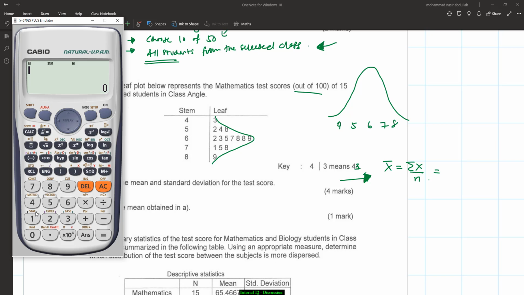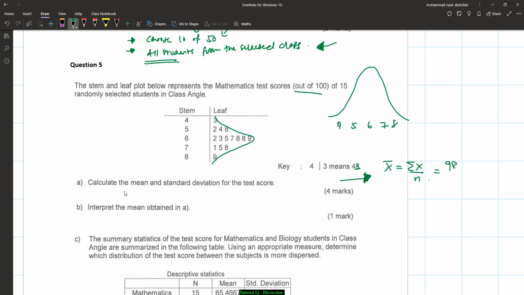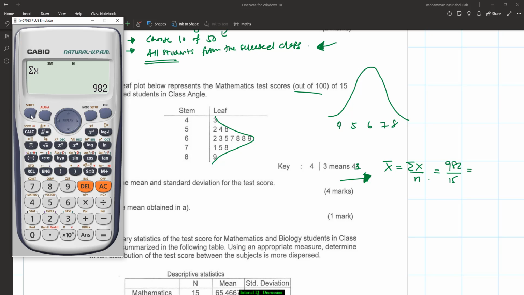Right. Shift 1. Baru ada dia punya ni lah. 3. X bar is equal to 982 lah. 982 divided by 15. This one should be shift 1 4 2. So 65.46.